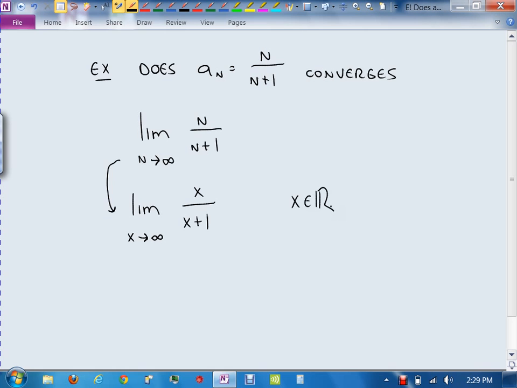You could probably get away with just doing L'Hopital's rule on top and bottom here, but technically you're looking at it in a different light. You're saying, let me look at it as a function of x where x can be real numbers. Now let me apply L'Hopital's rule, and then the other one's got to go to the same place. So L'Hopital on that gives you what? The limit as x goes to infinity of the derivative of the top over the derivative of the bottom, but that's just 1. So we're done. That means that this limit up here must equal 1.